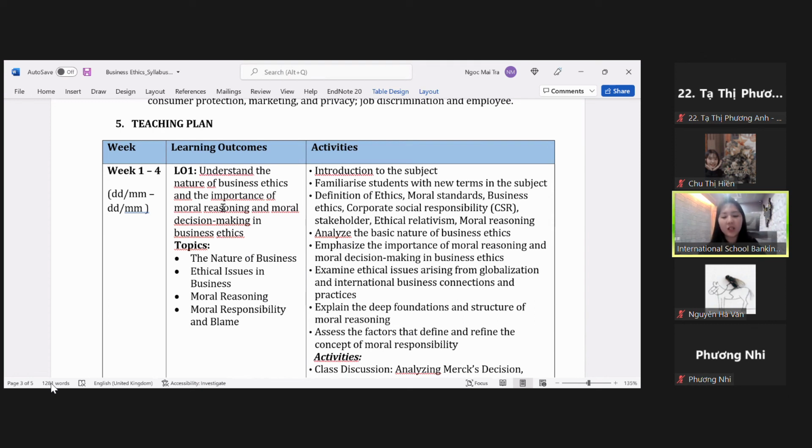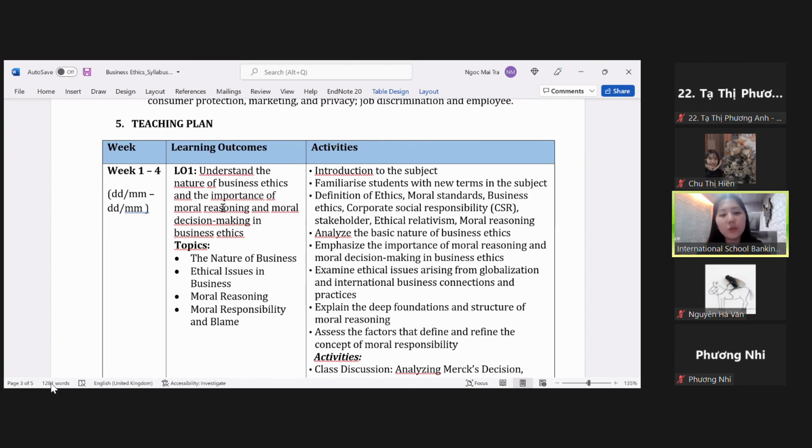For example, in the first case, my moral reasoning is to look at the consequences. I choose the consequences that bring the most benefit and the least cost. Or in the second case, my moral reasoning is human rights. I choose to protect human rights over anything else. So that is my moral reasoning.